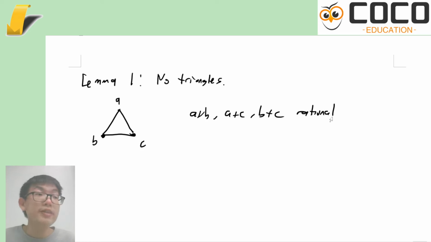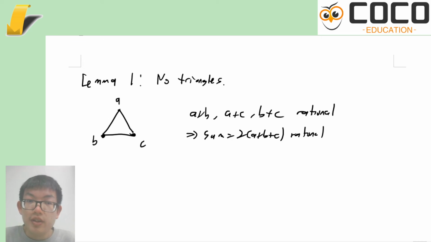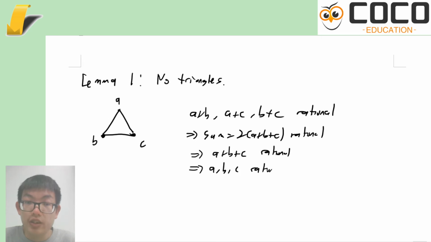You see what goes wrong here? Essentially, that means that their sum, which is 2 times of everything, is rational, which means that A plus B plus C is rational, and you subtract off, it means A, B, and C themselves are rational, which is a contradiction. So therefore, there are no triangles.